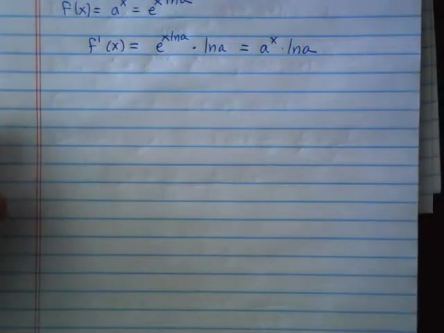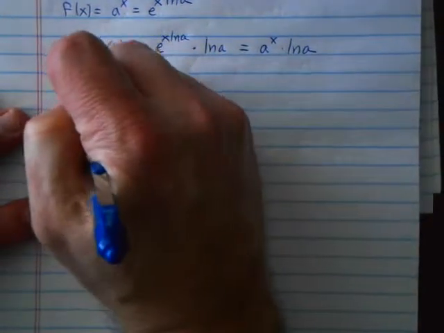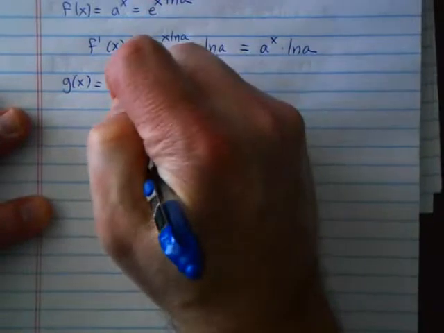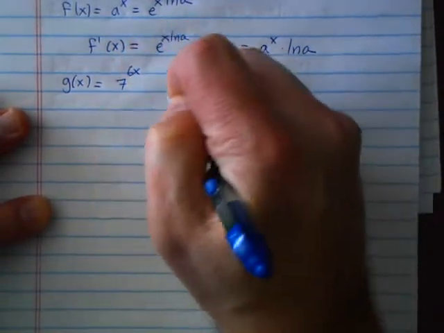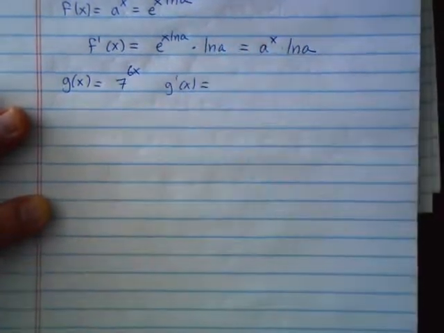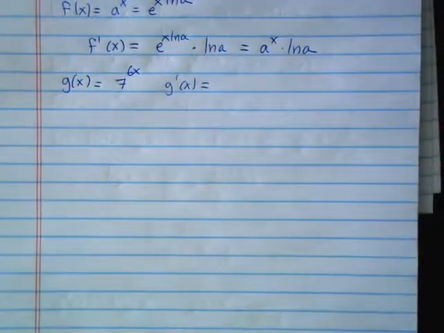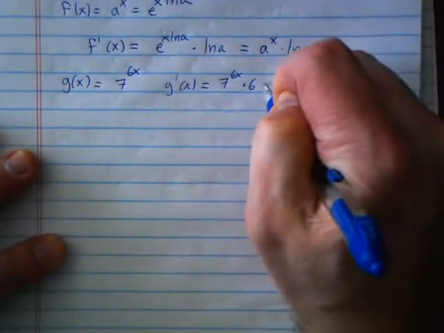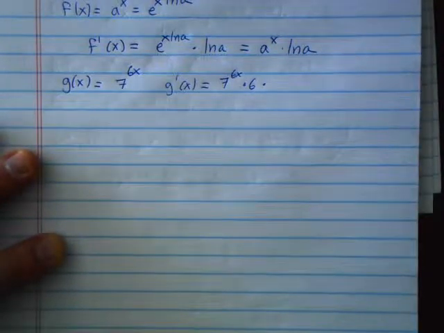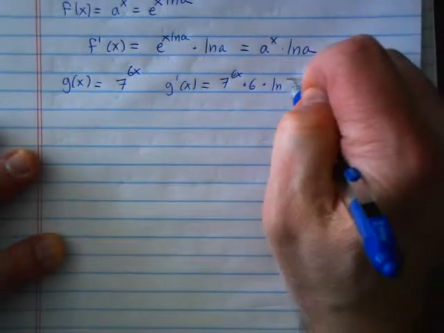Alright, so once you know that, that opens up all sorts of new rules for you. What's the derivative of 7 to the 6x? You're missing one thing. ln 7.